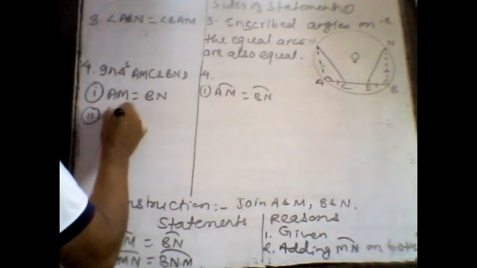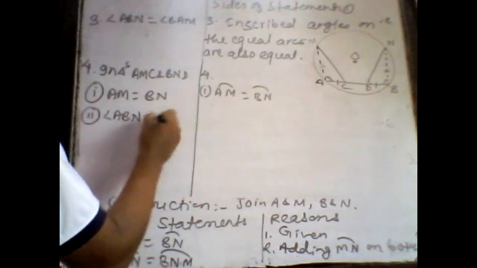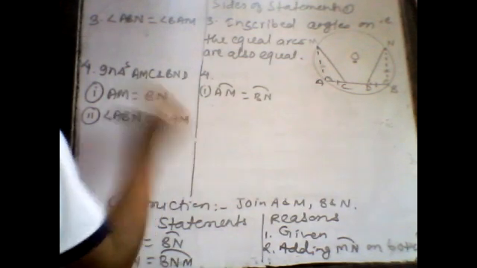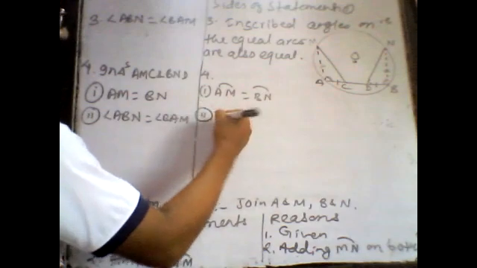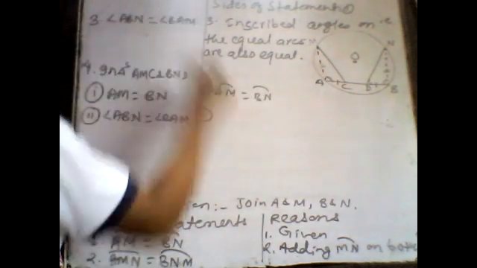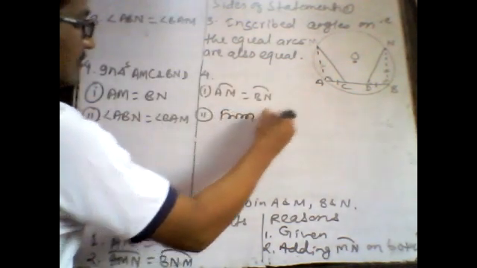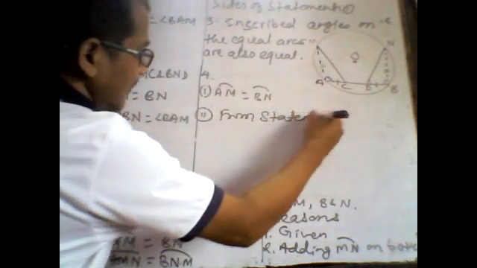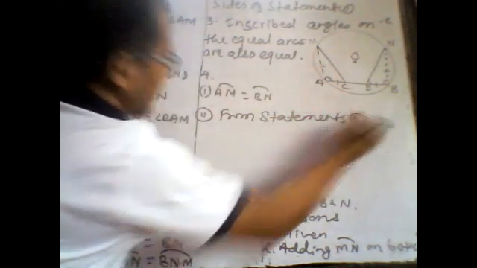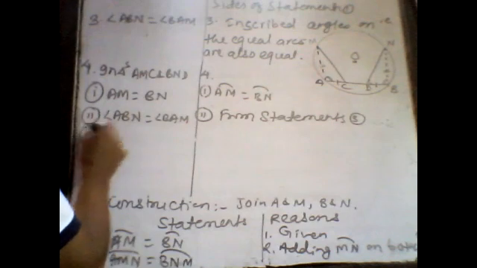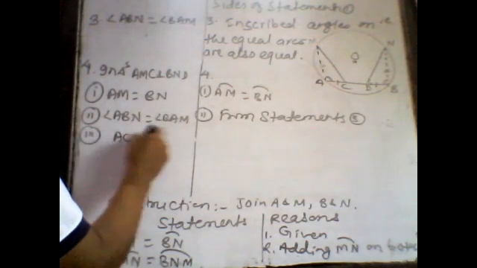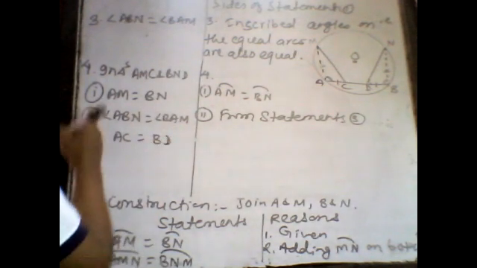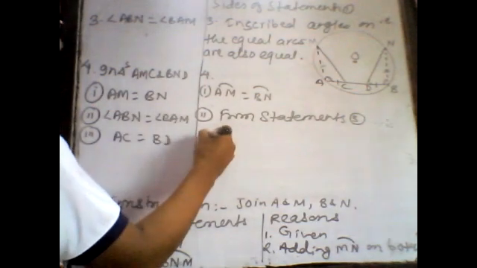Number 2, angle ABN equals angle BAN, from statement 3. Number 3, AC equals BD.